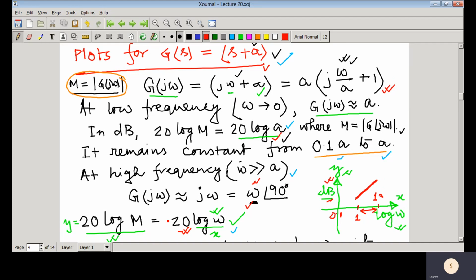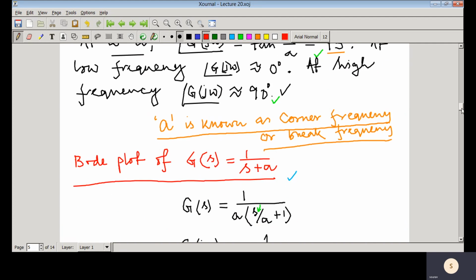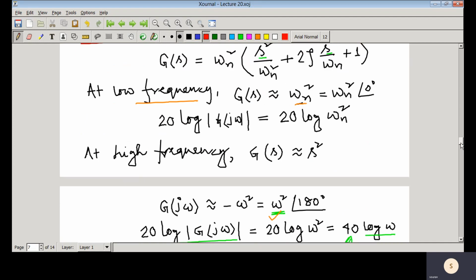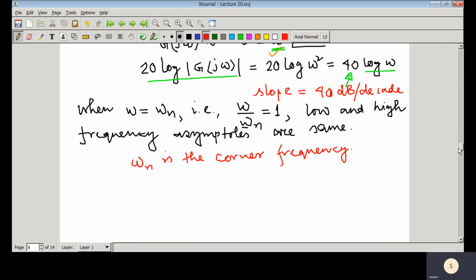So that's why omega equal to A in this particular case is that corner frequency. And what happens in case of second order factor, we find that omega n is the corner frequency.